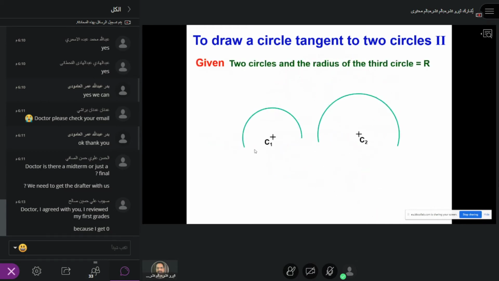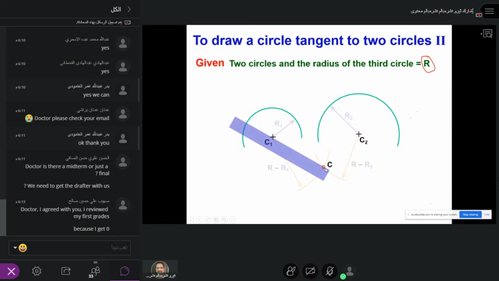So first, how we draw: R is given, and then C1, C2, R1 and R2 are also given. So R minus R1, then R minus R2, joining at C, then draw the tangent.